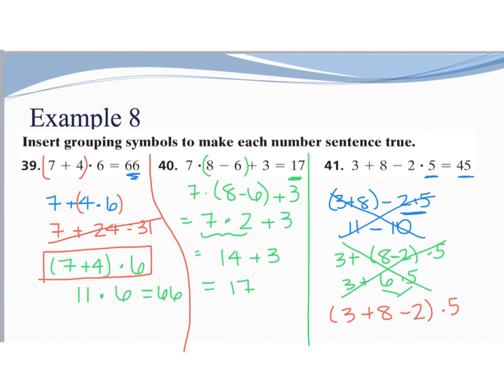Based on PEMDAS, addition and subtraction are going to be done in the order that they show up, from left to right. So I'll end up with 3 plus 8, which is 11, minus 2, or 9. And then I'm going to multiply that by 5. Well, 9 times 5 equals 45, and that's exactly what I want. So I can see that my grouping symbols are going to go around the 3 plus 8 minus 2.